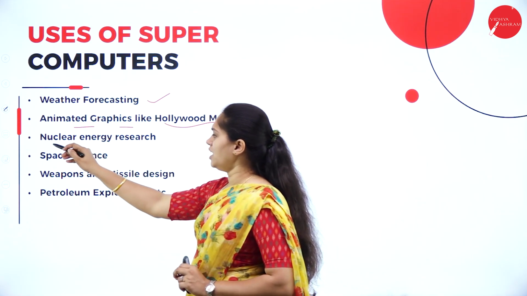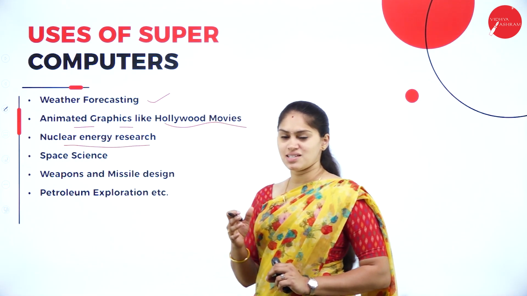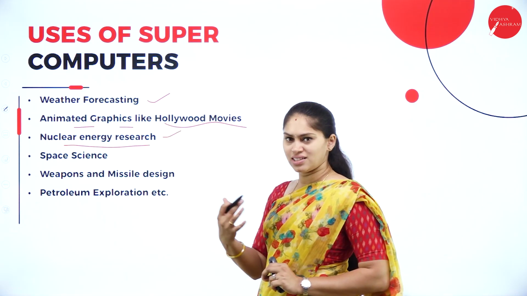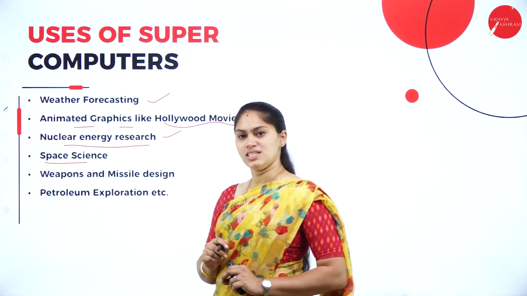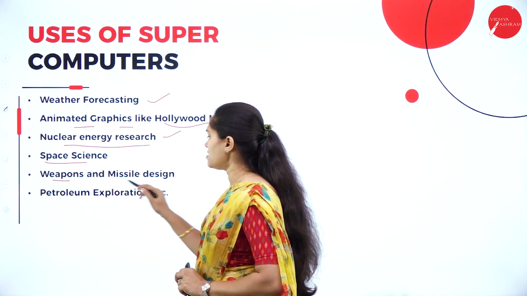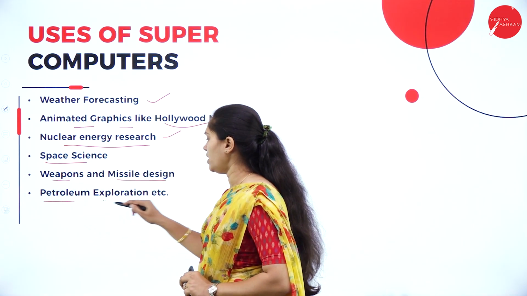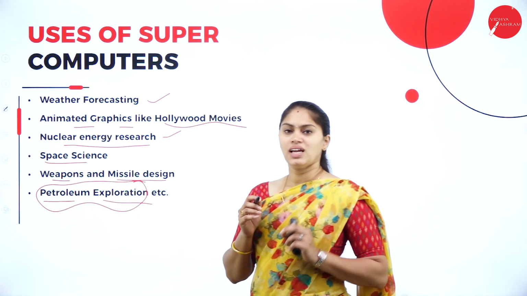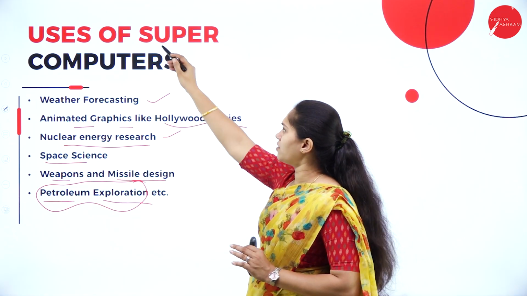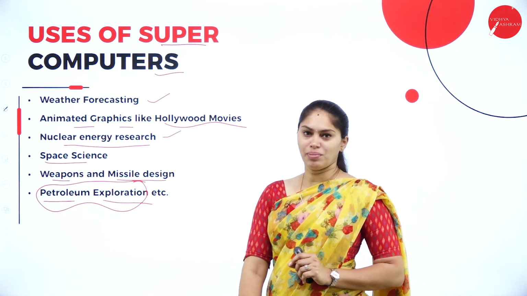Then nuclear energy research. As I said earlier, where we have more risk, we have to use this supercomputer. It is also used for space science, weapons and missile designing, and petroleum exploration. All these have high risk, so there we get the benefit of this supercomputer.